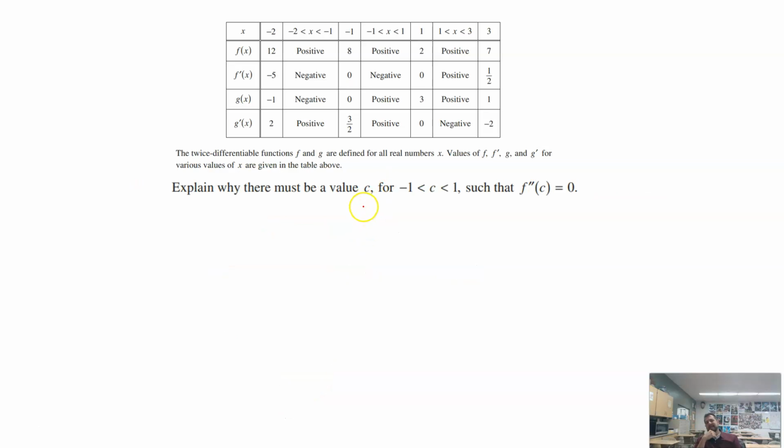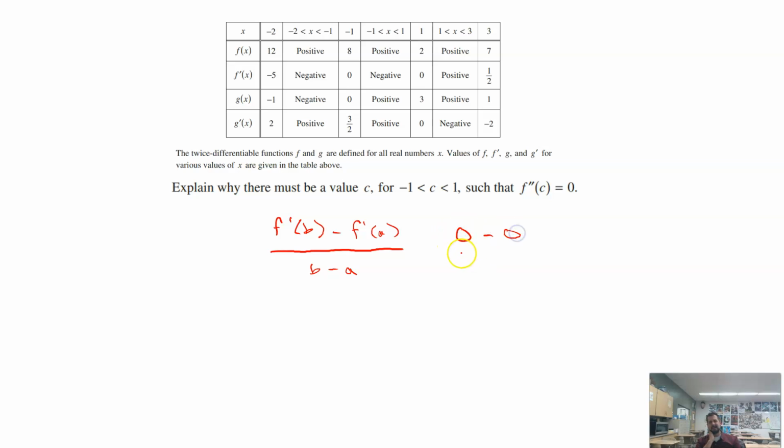Letter B, explain why there must be a value of c such that the second derivative is equal to 0. Now, if it gave us the second derivative, we could try to use the intermediate value theorem, but it doesn't. It only gives us the first derivative values between -1 and 1. So if we're trying to show that the derivative of what we have is equal to 0 somewhere, we plug the 2 points into the function that we would take the derivative of and see if that's the slope that we get, so that we can use the mean value theorem.